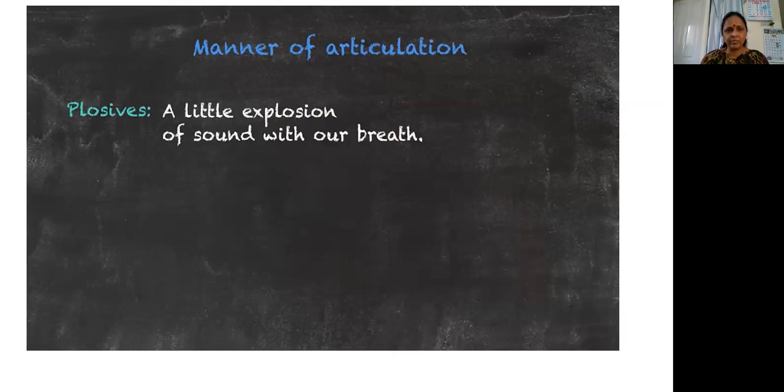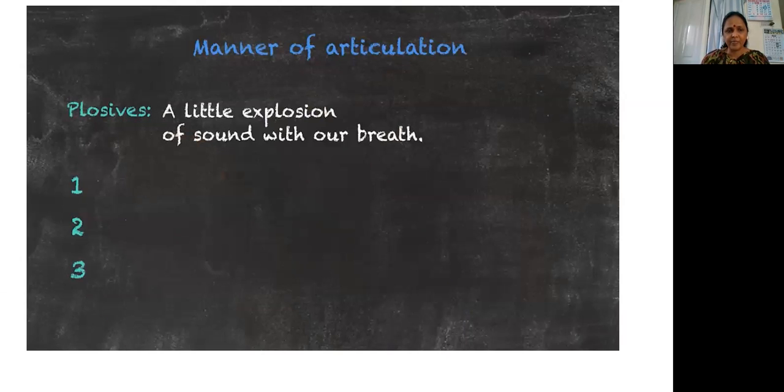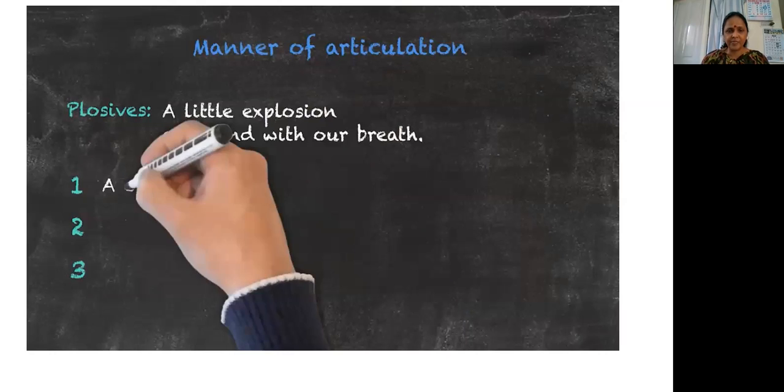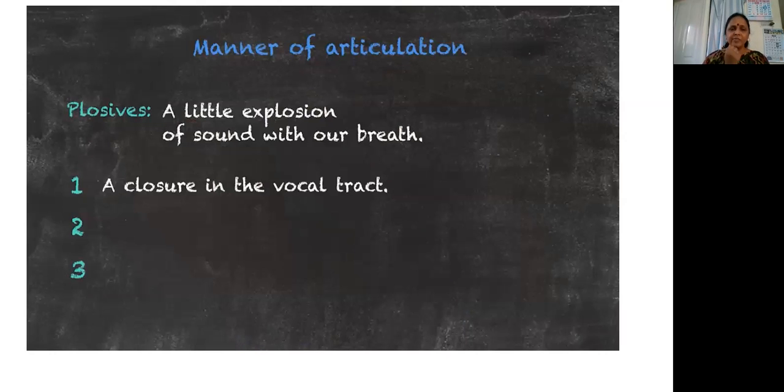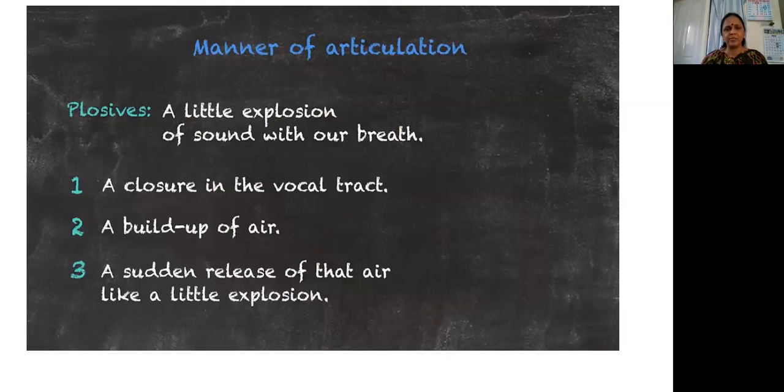The plosive sounds are made through a 3-step process. First, there's a closure somewhere in the vocal tract. Second, there's a buildup of air. And finally, there's a sudden release of that air, like a little explosion. If we look at some of the sounds that are made this way, we might better understand why they are called plosives.